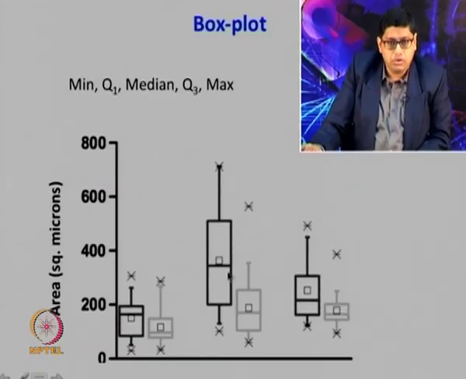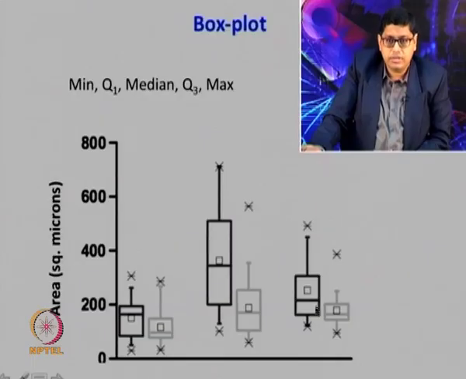The other thing I wanted to look at here is the square point, which shows the mean position. What you see is in both these cases of the data, your mean and median are very close to each other. While for this data, for example, the mean is biased towards the upward side. This would mean that you have fewer values populating this portion of the data and a greater number of values populating this portion, because of which the mean is higher.